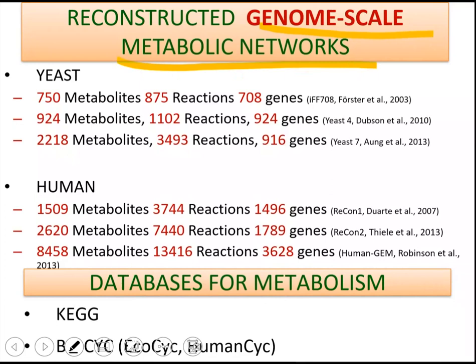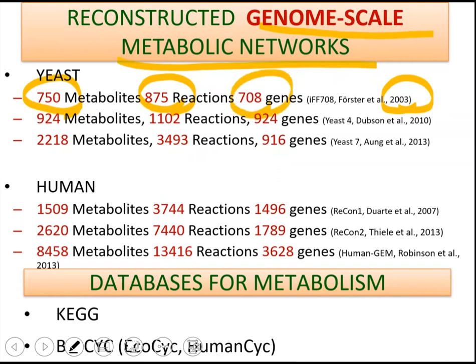For yeast, for example, the first genome-scale metabolic network was published in 2003. We already saw some tables from this paper. The initially published genome-scale metabolic network had about 900 reactions between 750 metabolites controlled by about 700 genes.